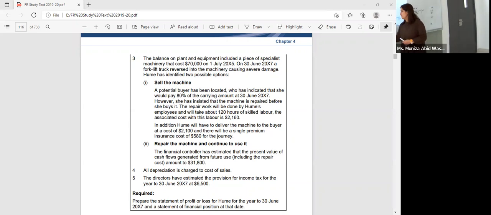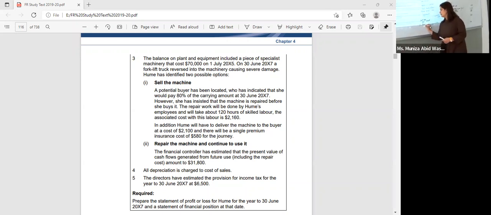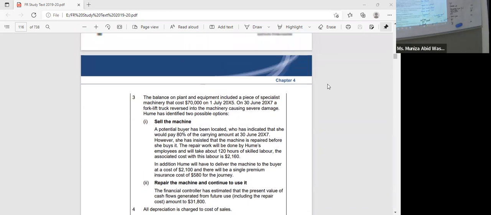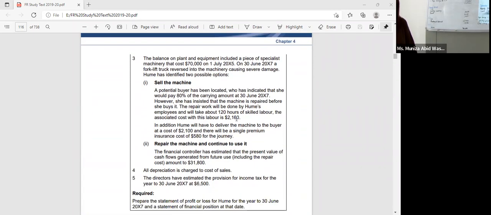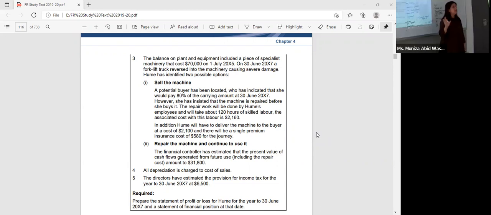So carrying value would be how much? 70,000. How much depreciation charge has been there? 20%. Plant and equipment is being depreciated on the reducing balance basis at the rate of 20% per annum. So carrying value at 30th June 2007 would be how much? Multiply by 0.8, multiply by 0.8. If 20% is depreciation, remaining 80% is our carrying value.